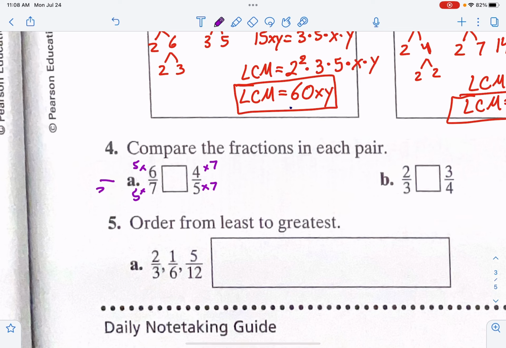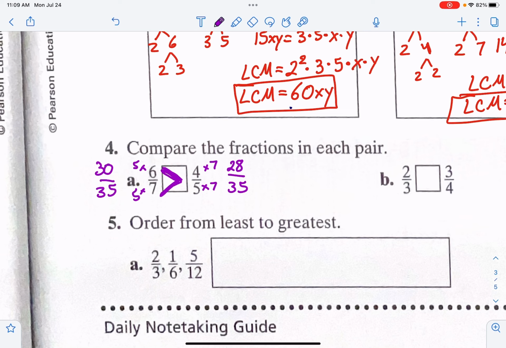So both of these fractions end up over 35. 5 times 6 is 30. 4 times 7 is 28. So which fraction is bigger? 30/35, which means that 6/7 is bigger.